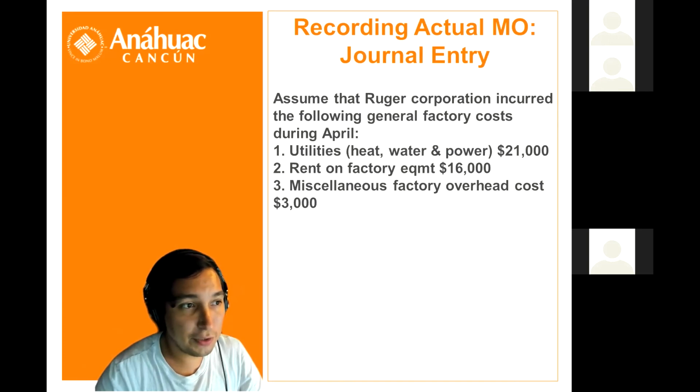Assume that Rigor Corporation incurred the following general factory costs, which are the utilities, rent on factory. What is the entry, guys, for this? Debit MO, excellent, and credit. Let's leave it as accounts payable. Okay, great, excellent.